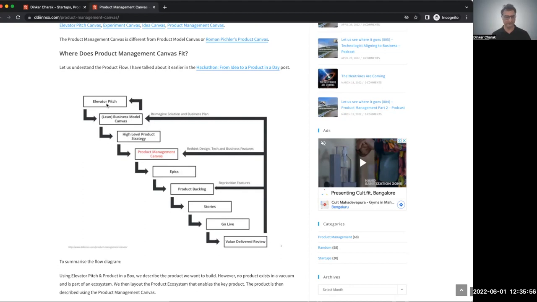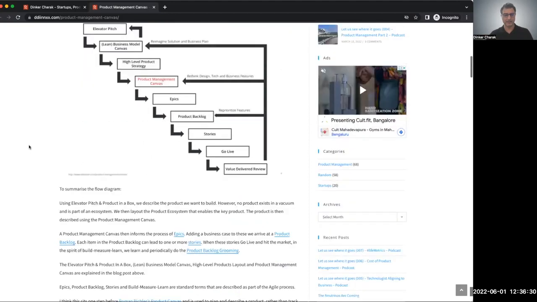They go live, learn from the market, and bring those learnings back in the form of reprioritizing the backlog, or even editing and changing some basic aspects, the entries in the product management canvas, rethinking certain things, and creating a new instance of what we're going to work on. Then it flows down into a product that hits the market and learnings come back. So there's this whole circle, the build, measure, learn cycle, that goes on.